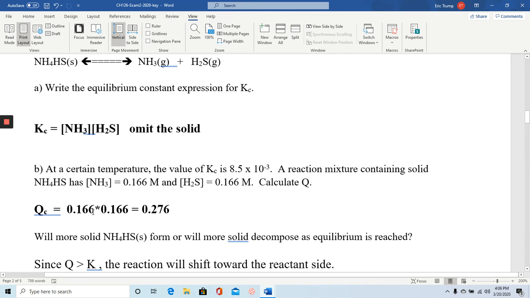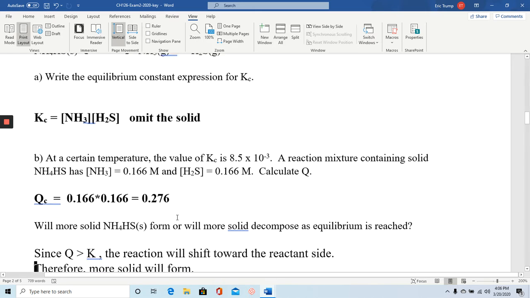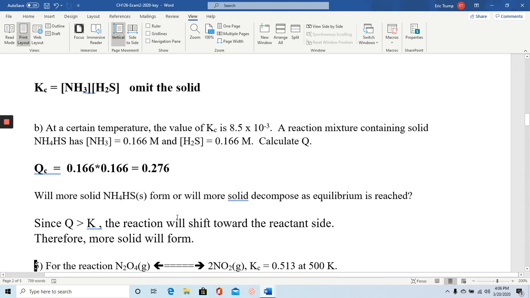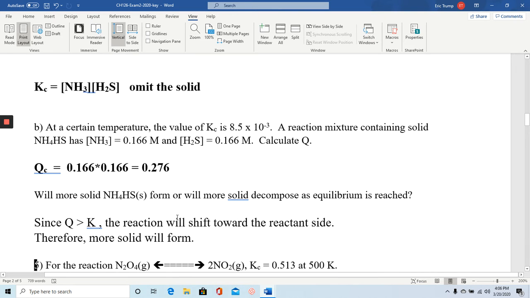Okay, so we substitute those values into this expression, and we get 0.276. Okay, that should actually be 0.0276. And okay, that doesn't change the next part.